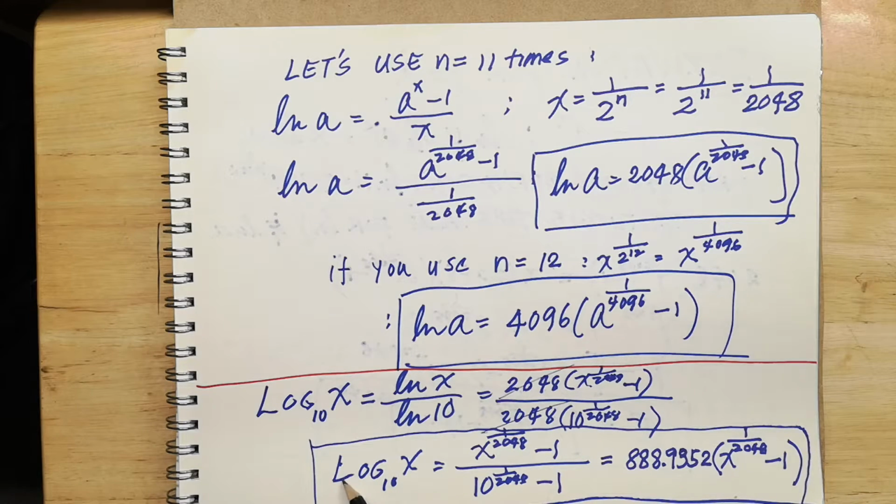So therefore, log of x to the base 10 is equal to x raised to the 1 over 2048 minus 1, over 10 raised to the 1 over 2048 minus 1. Or if you use the shortcut, then you evaluate this one, you'll find this is equivalent to 888.9352 times x raised to the 1 over 2048 minus 1.